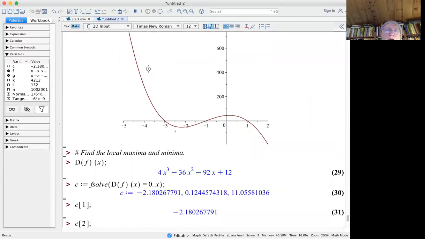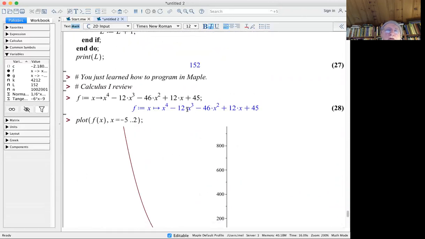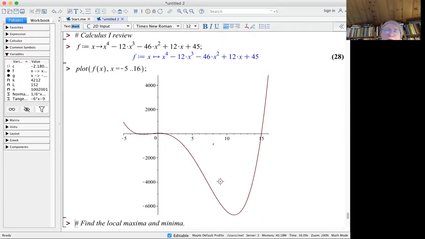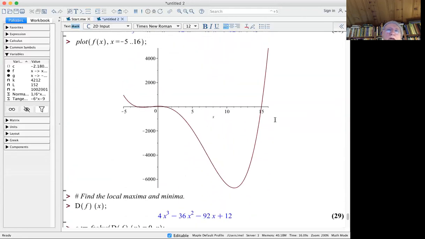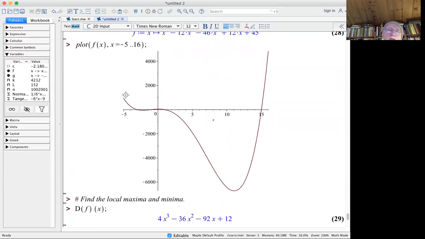This is the curve. It comes down, local minimum, local maximum. Let's go out to where we need to be, maybe 16. Yeah. Local minimum, local max, local min. Let's see, here the curve is convex up, then it's convex down, then it's convex up.